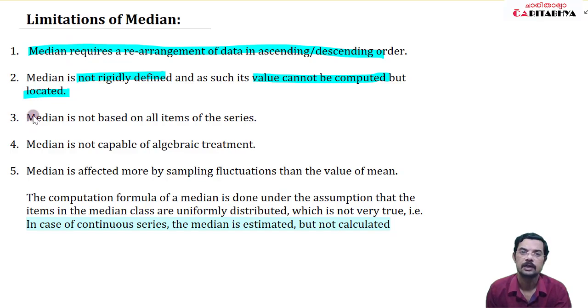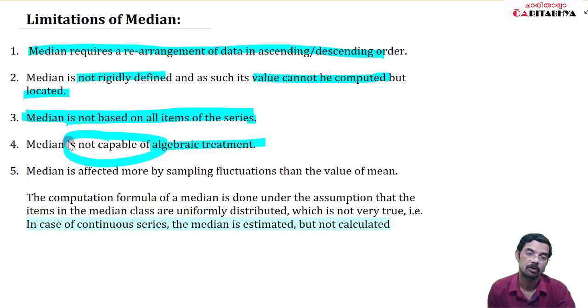Median is not based on all the items of the series, but only on the position. It is not dependent on the value. Median is not capable of mathematical or algebraic treatment. Median is affected by sampling fluctuations more than the mean.